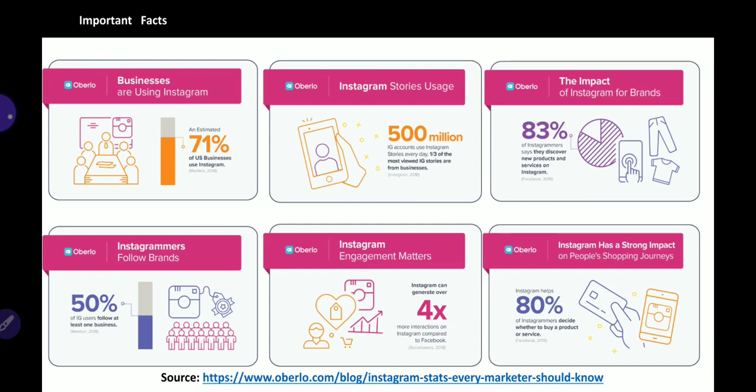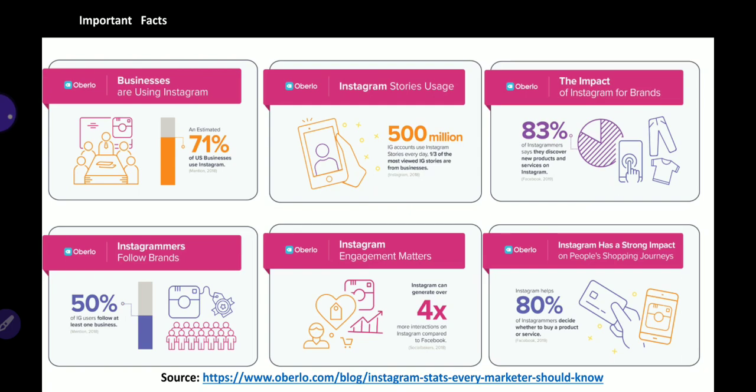Now coming on to the engagement rate, Instagram can generate 4x more interactions in comparison to Facebook. We have already seen the global charts. We know Facebook is at number one in market share. But if we talk about the engagement with respect to your brand and your content, it is more with Instagram than compared to Facebook.